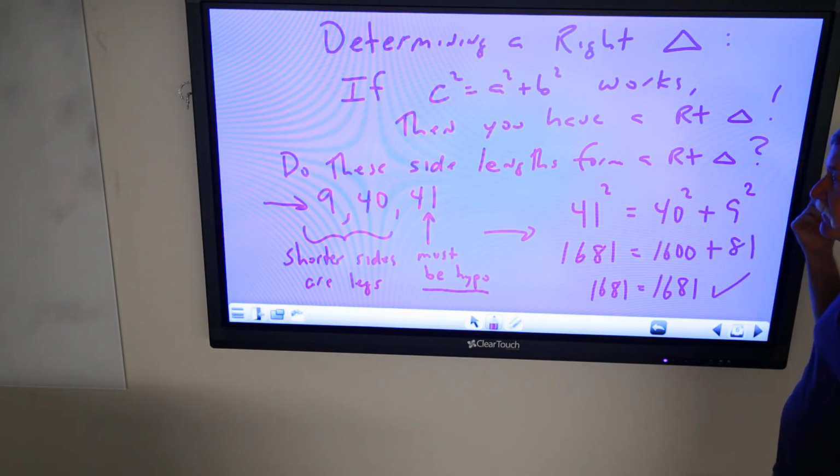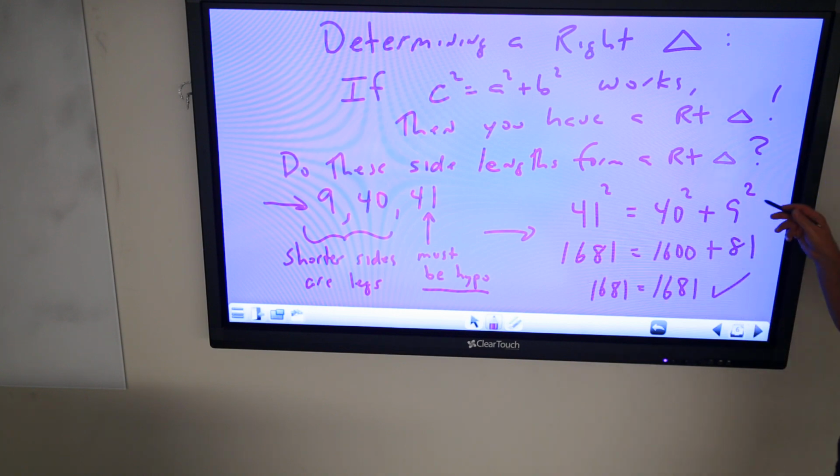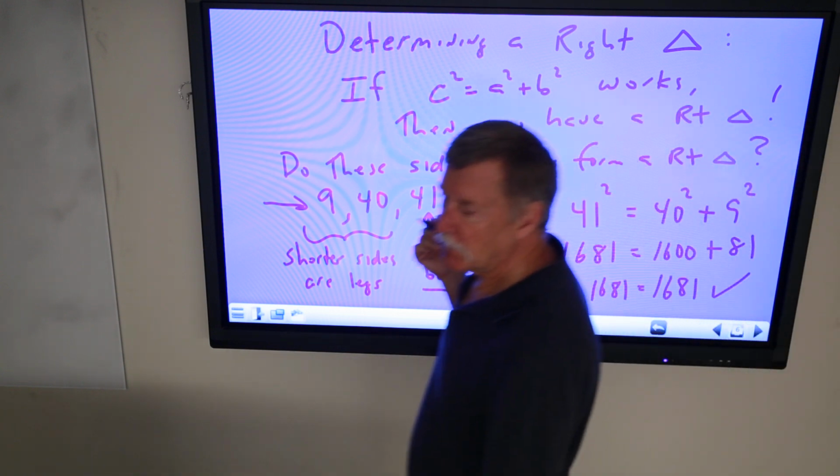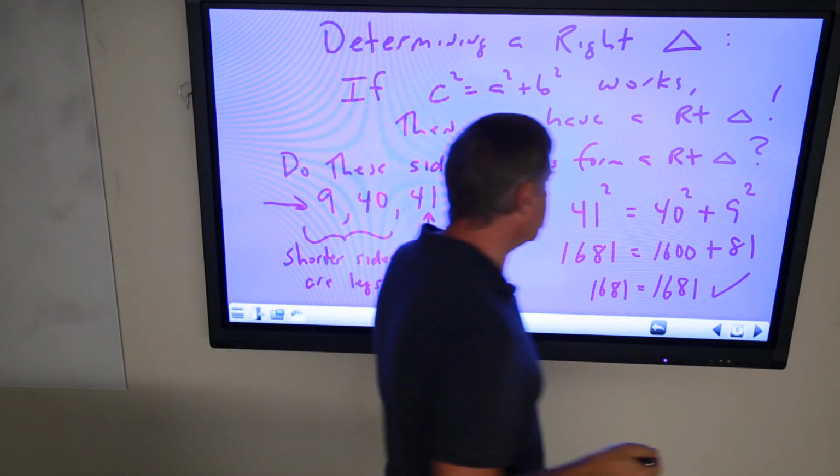Basically the Pythagorean theorem, we're just substituting in. 41 squared is that, 40 squared is that, 9 squared is that. What do you know? It works. You can make a right triangle out of boards that are that long. And your house will stand up straight. That works out pretty good.